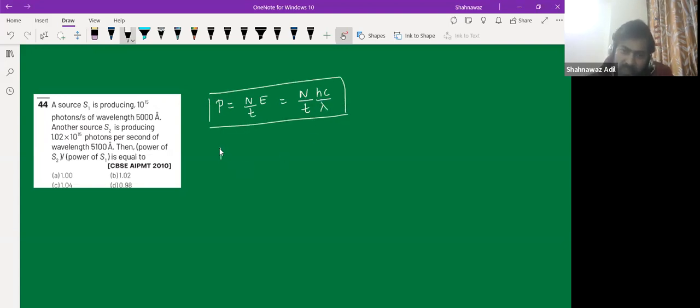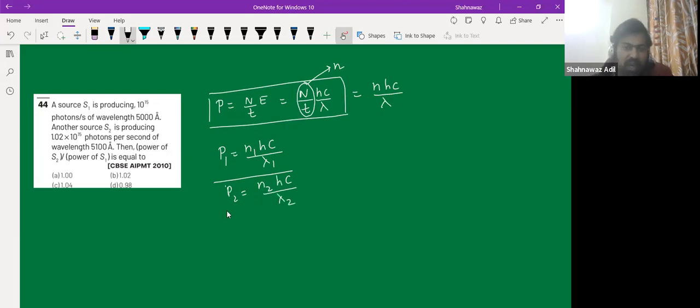Now P1, let's name it as n, small n. So this would be n Hc by lambda. So P1 is n1, h is constant, c is constant, lambda 1, and then P2 is how much? N2, h is constant, c is constant, lambda 2. So if we divide these two things, what we will get?